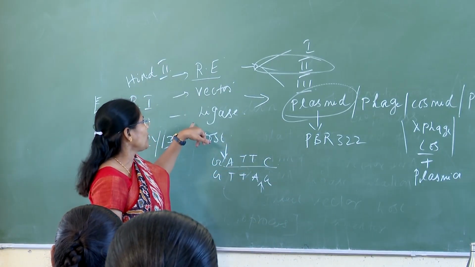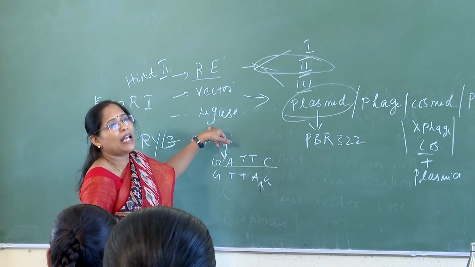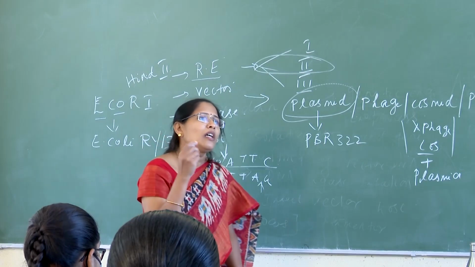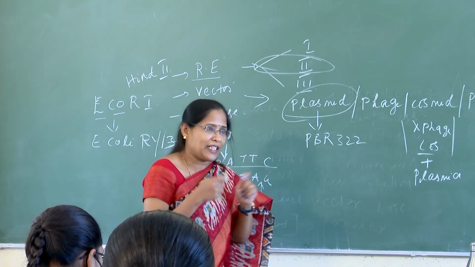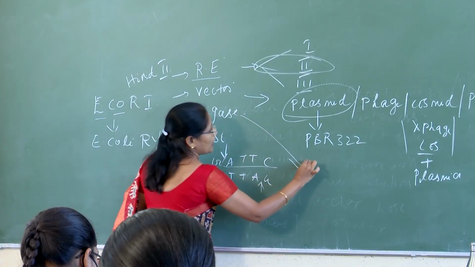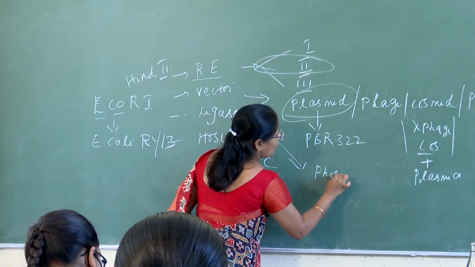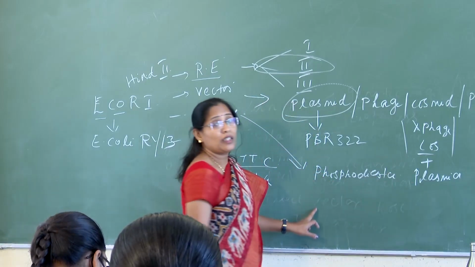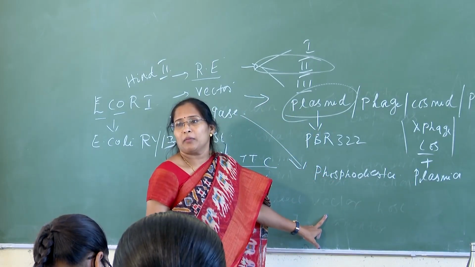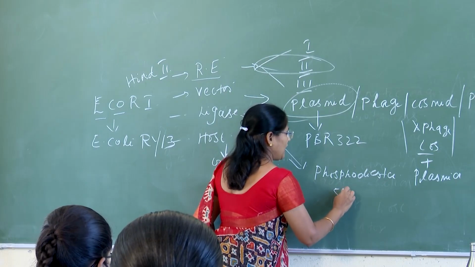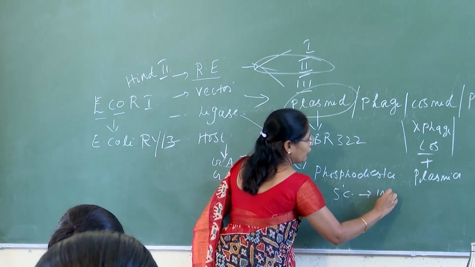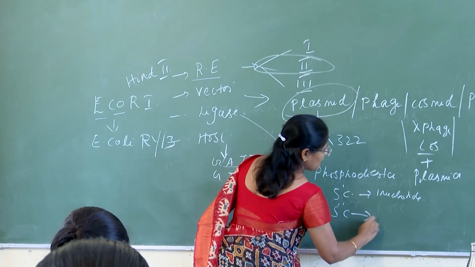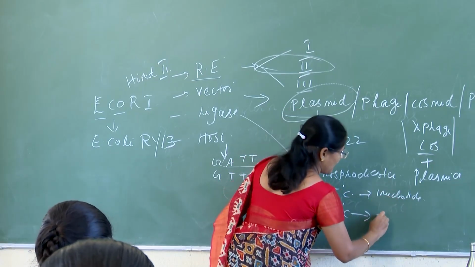Then following that, the next enzyme is ligase. During the process of ligation, to ligate them, ligase creates a phosphodiester bond between the 5 carbon site of one nucleotide and the 5 carbon site of the next nucleotide.